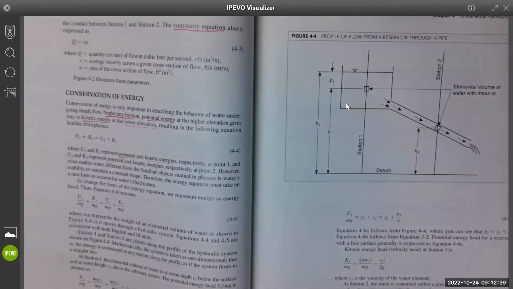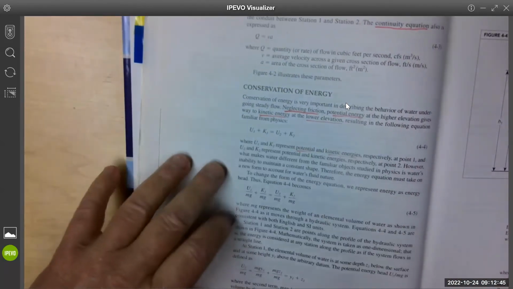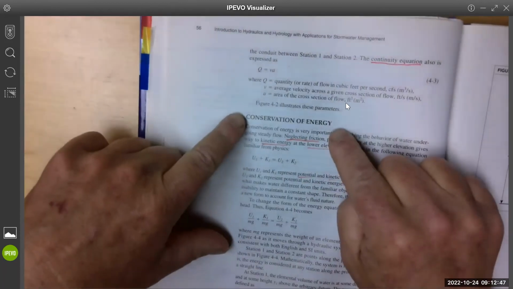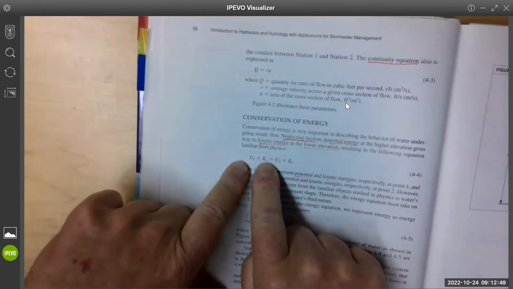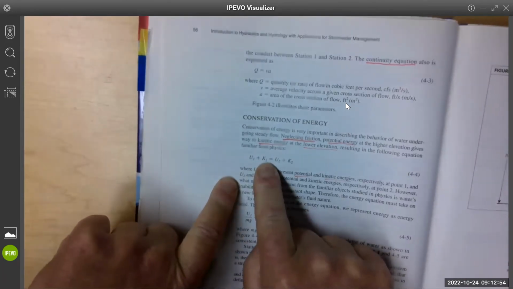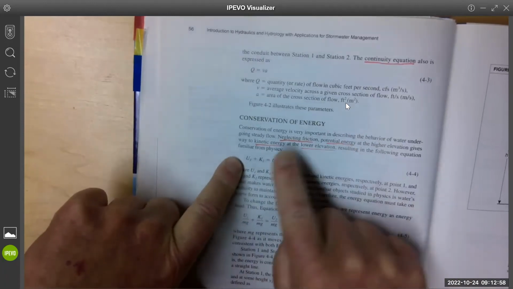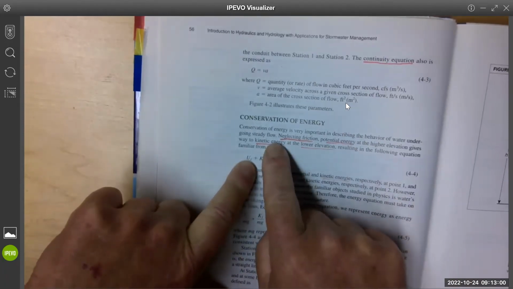You can feel free to work your way through. There are a couple things that are important in the derivation because you'll get this information coming to you differently. It starts with the conservation of energy and uses U and K for potential energy and kinetic energy. So U represents potential energy, K represents kinetic energy.